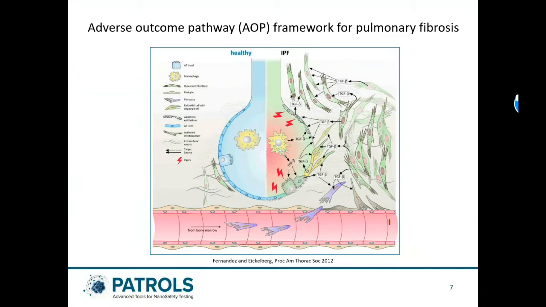And it's also important to look briefly into the cells which are the main key cells which are relevant for the development of fibrosis. So we have already heard about macrophages, which are mainly located at the apical side of the alveolar barrier.